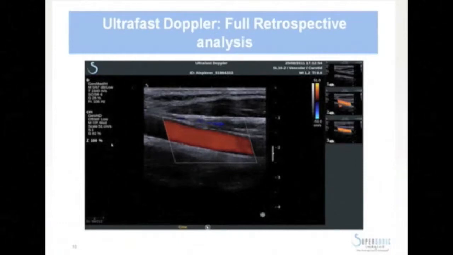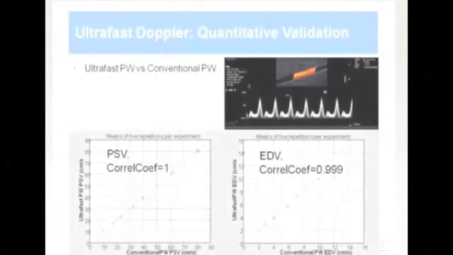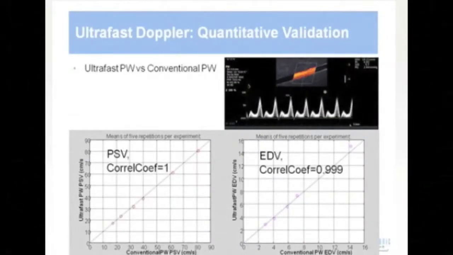So this is how the mode works. The first thing that we check, of course, is that there is consistency between the classical PW mode and the results that we have obtained with the ultrafast Doppler mode.